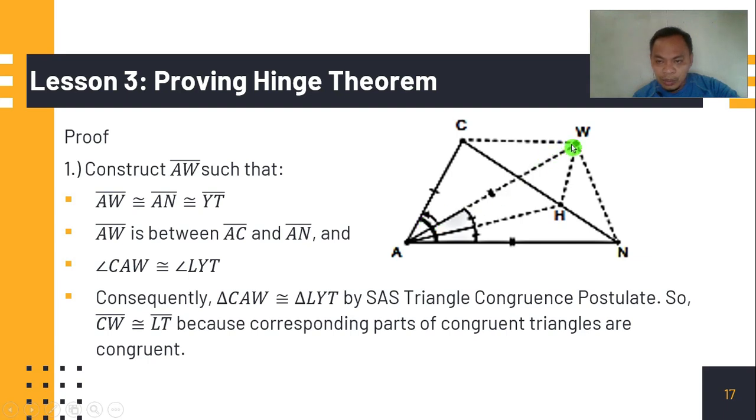This is our LYT. So, consequently, triangle CAW is congruent to triangle LYT by the SAS triangle congruence postulate. SAS, side, angle, side. So CW is congruent to LT, because corresponding parts of congruent triangles are congruent.